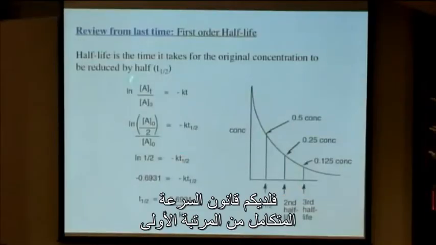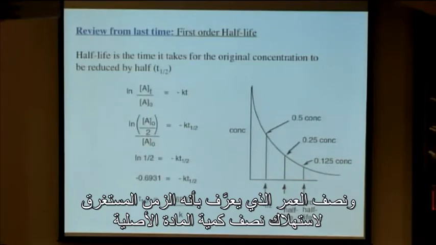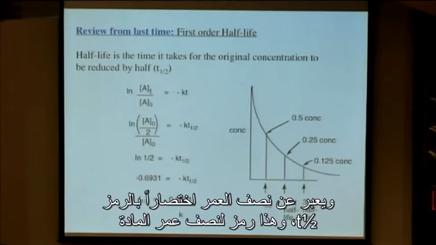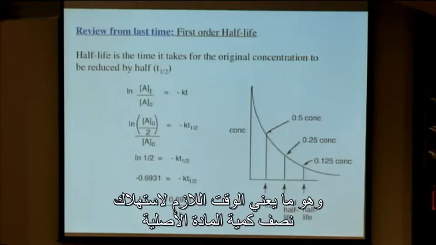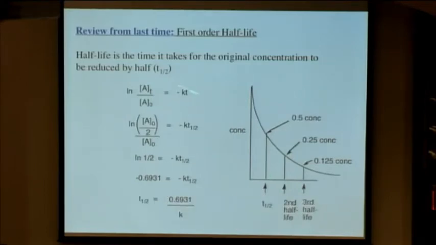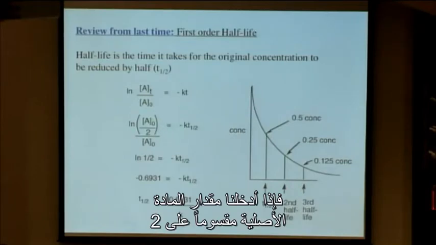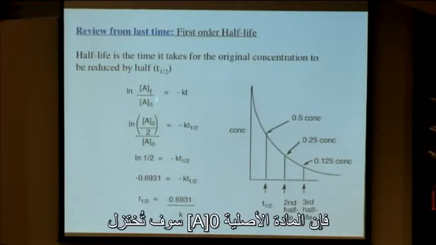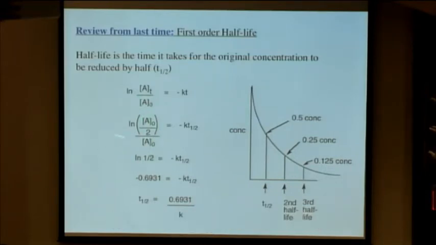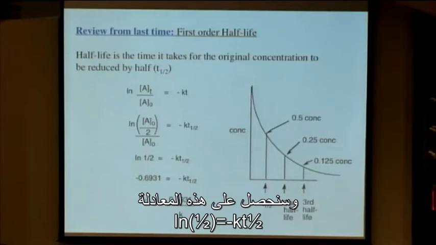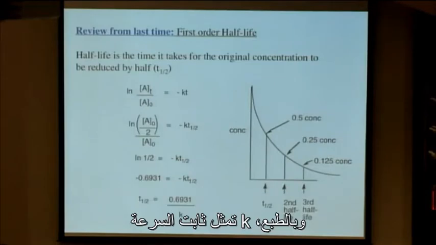You have your first-order integrated rate law. The half-life is defined as the time it takes for half of the original material to go away, and it is abbreviated T1/2. If you plug in the original material divided by 2, then the original material, A naught, drops out, and you come up with the natural log of 1/2 equals minus k T1/2, where k is, of course, our rate constant.